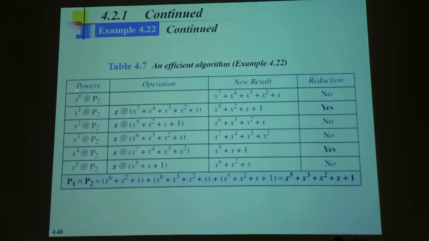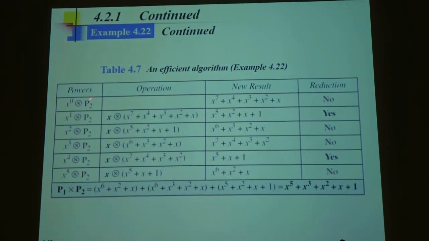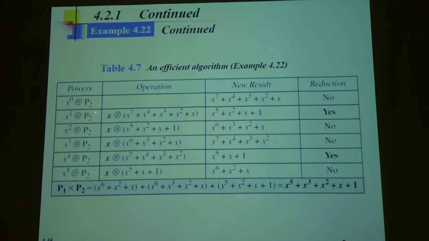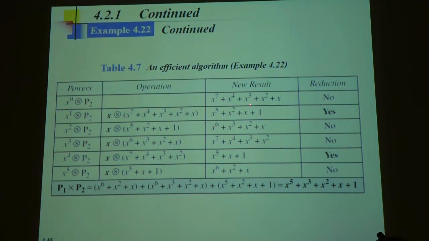So what I have is x to the power 0 multiplied by polynomial 2. So x to the power 0, how much? 1 will give you the same polynomial, right? So x to the power 1 times the polynomial: you multiply this with x, you move it here with x, and that gives you the result.